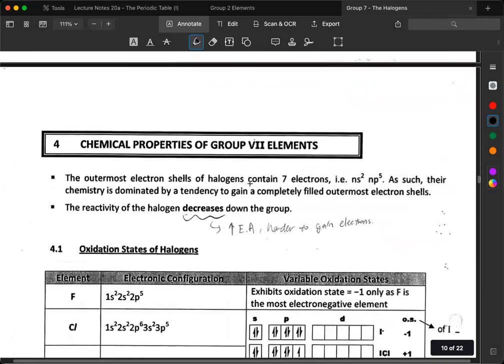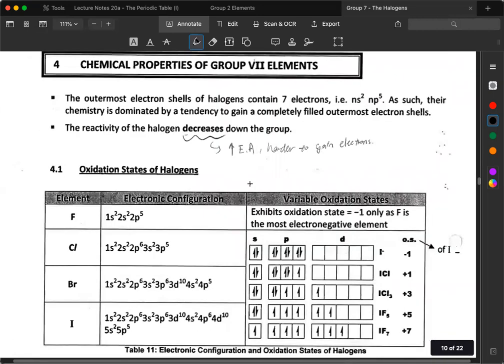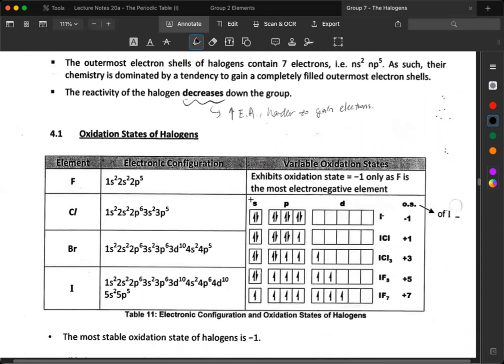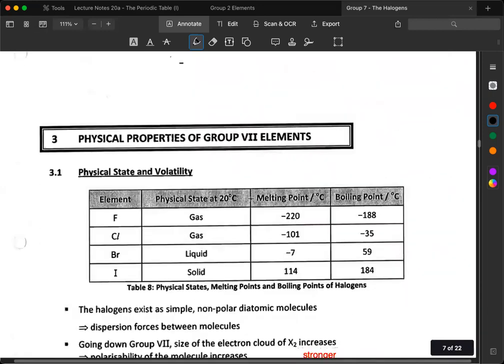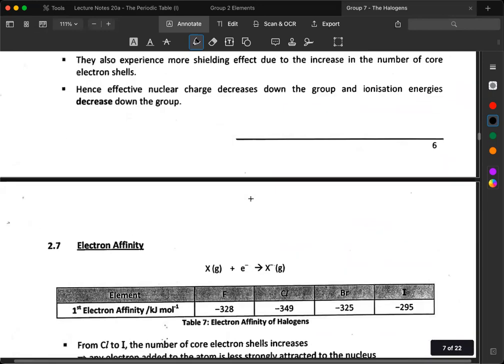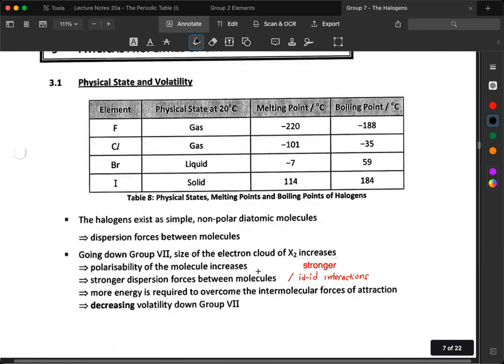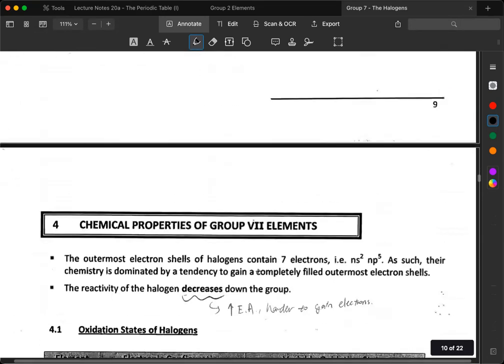I'll skip this. So, chemical properties of group 17. The reactivity will decrease down the group because of increasing EA, making it harder to gain electrons. If you look at the trend in EA earlier on, it is more difficult because it is less exothermic.